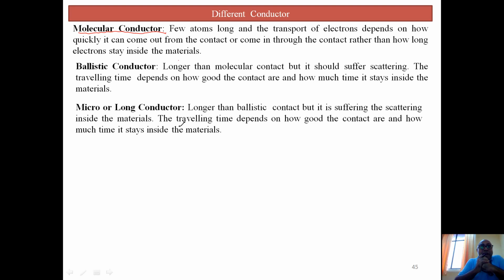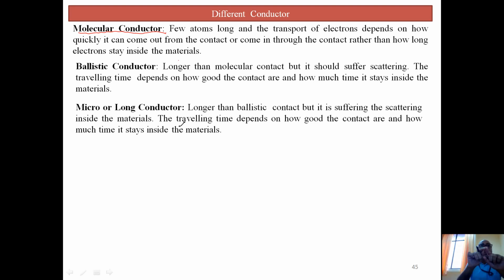Correct. The matter is that if an electron wants to travel from point 1 to point 2 in a molecular conductor, which is very small in length, then the main critical parameter is how quickly they can come into the material or how quickly they can come out of the material.